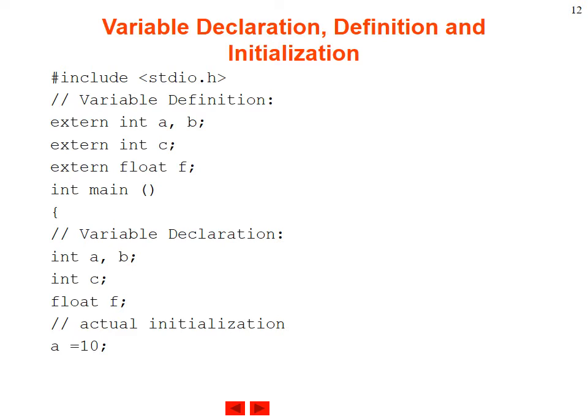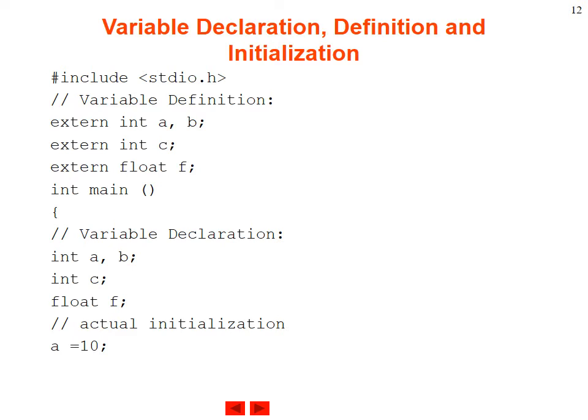So you say there will exist such a variable a and b, right? So if you define a variable, they are not allocated memory at that time, right? But then when you declare a variable now, like int a and b, then a and b are now allocated memory, right? So here we are just telling that there will exist these variables, but now we are saying these are the variables, they should be allocated memory.